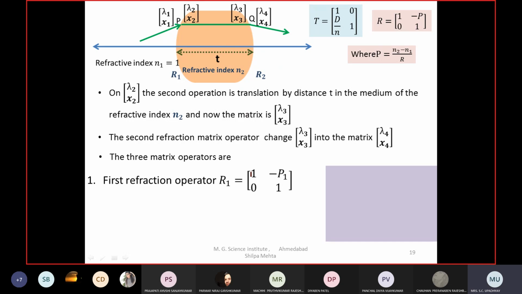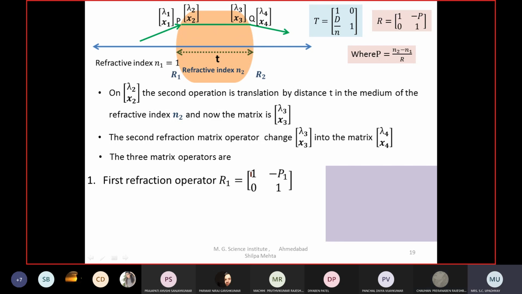Second operation, which is the second operation? Translation. So what is its operator? 1 0 d upon n1 1.